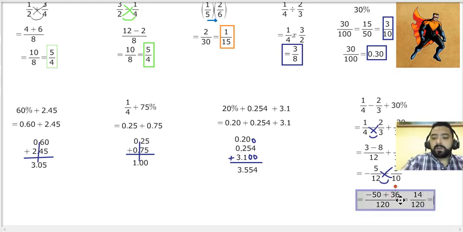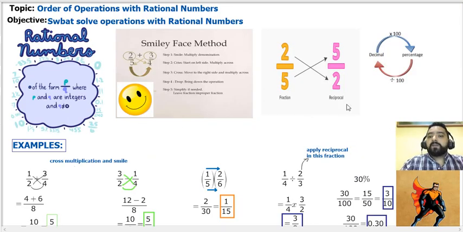And remember, you can reduce this one, and with the fractions it is going to be negative 7 over 60. And this is going to be the answer. Remember the happy face method, the reciprocal for division, and the percent method for when you have a percentage like that. And remember, the smile method is only for adding and subtracting fractions.